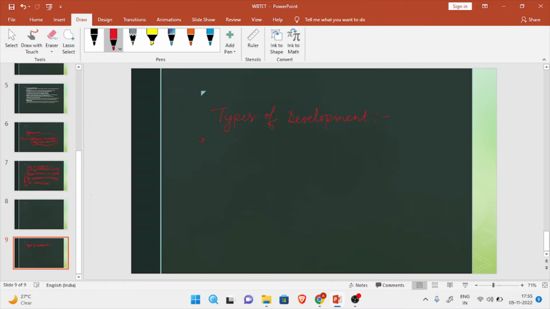So there are physical development, personal development, cognitive development, social development, and moral development.